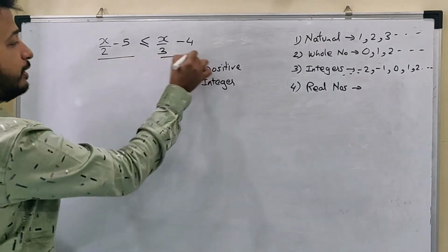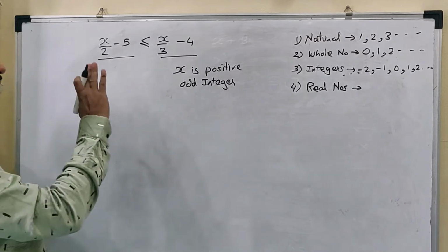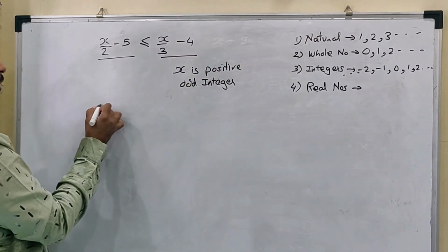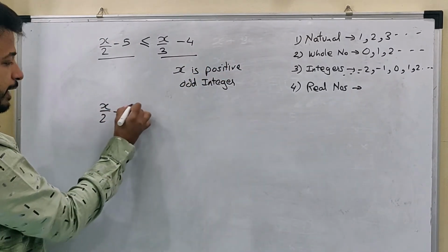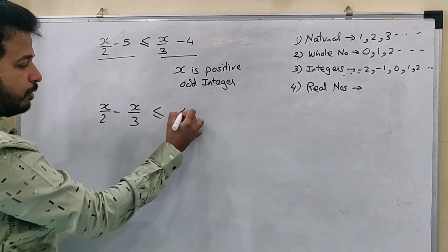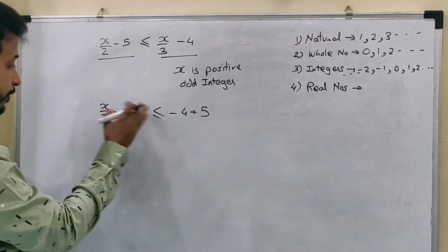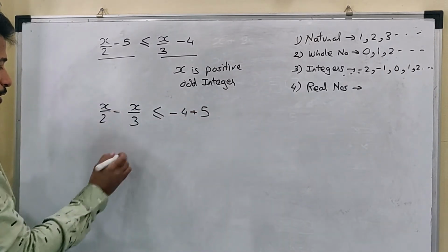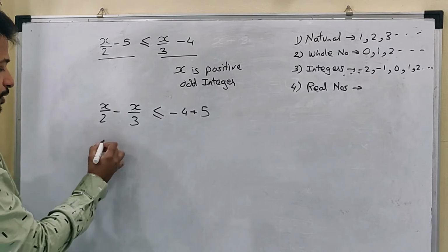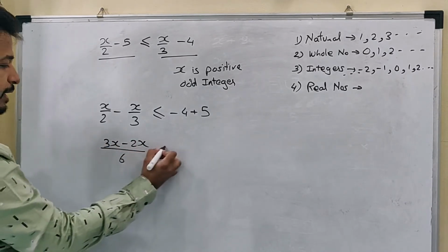When we are solving this type of inequation, you have to take x terms on one side and the numbers on the other side. So it becomes x by 2 minus x by 3 less than or equal to minus 4 plus 5. If I solve this, I have to take the LCM, so it becomes 3x minus 2x whole divided by 6.